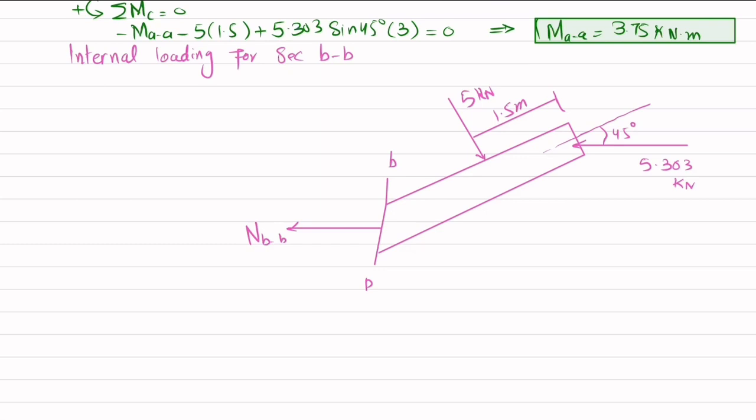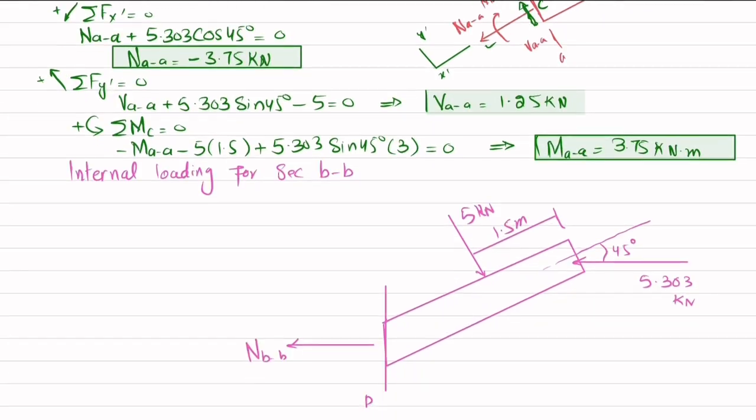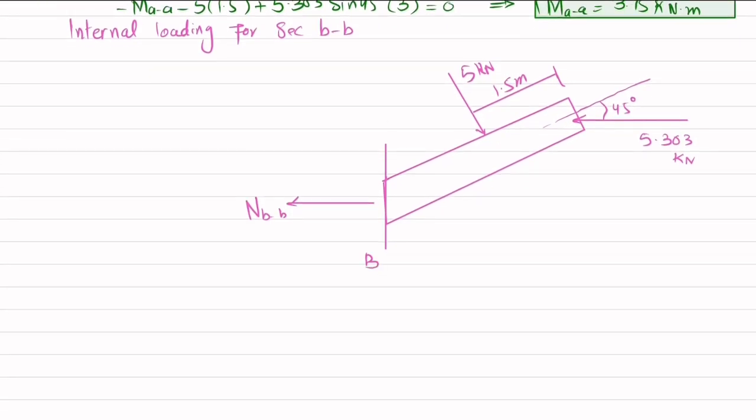Sorry, this surface is not vertical. Let me take it like this, because section BB is this one. This is your section BB. So you will have a shear force in this direction, VBB, and you will have a moment MBB.